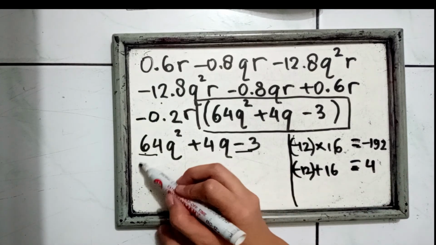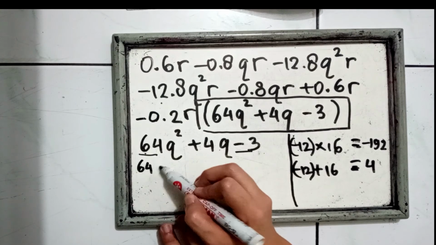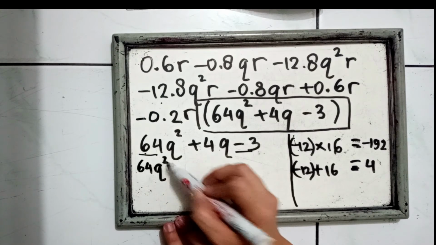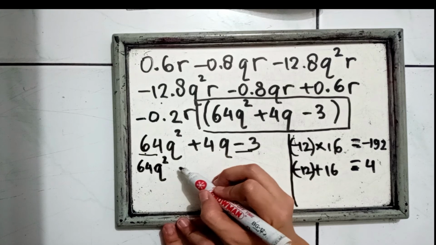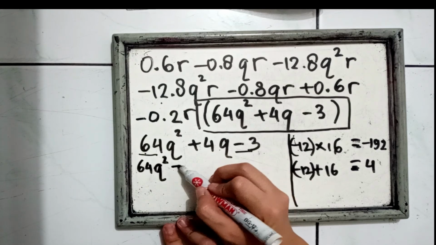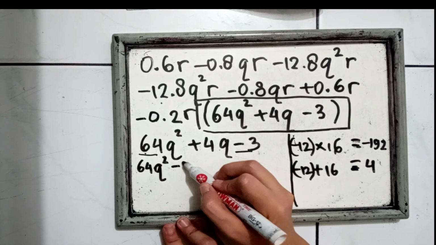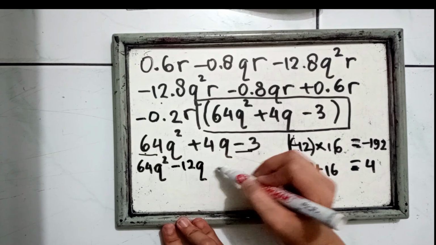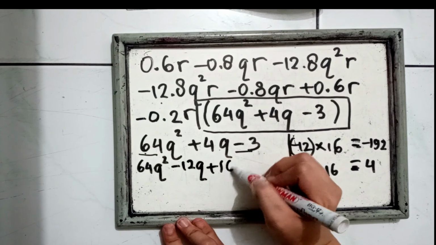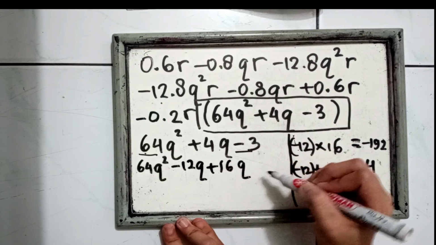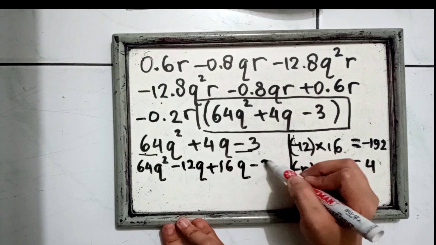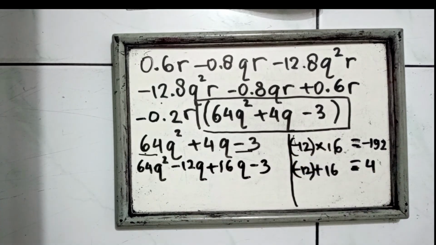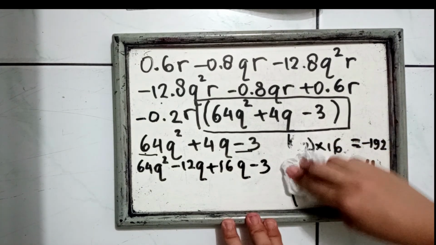Let's start to do it. So 64q square minus 12q plus 16q minus 3. Yeah, I will erase this part so it will be enough.